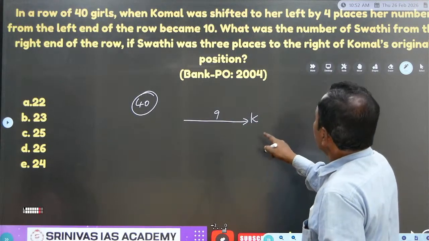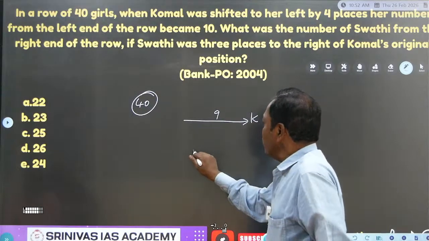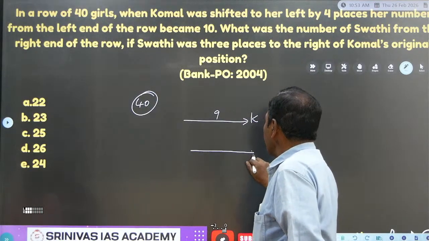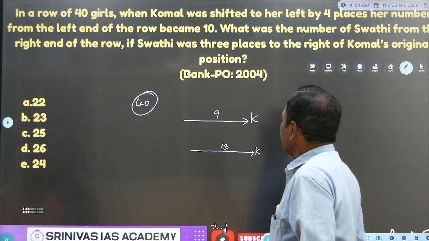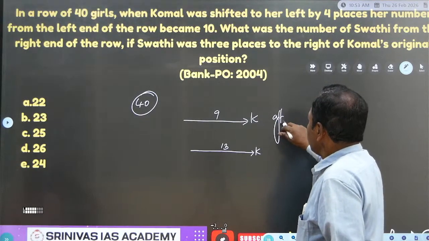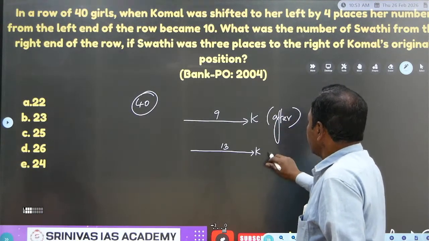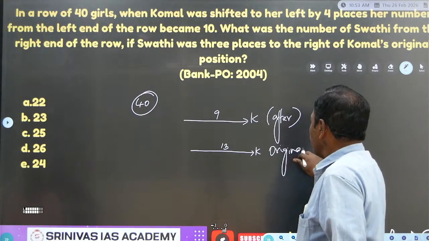This happens after shifting 4 places to her left. It means one more, let us draw. This is after shifting, and this is the original position.